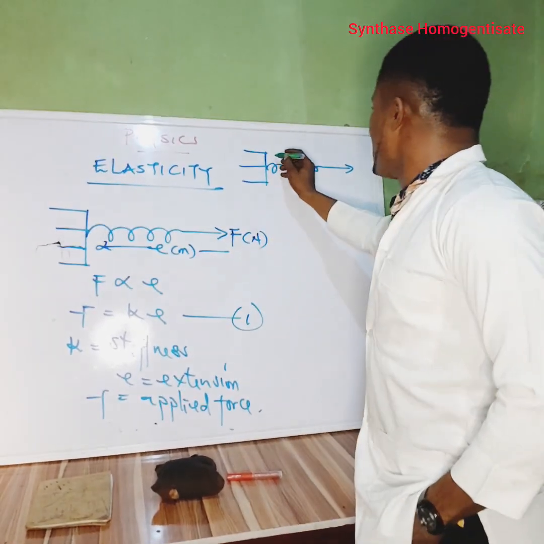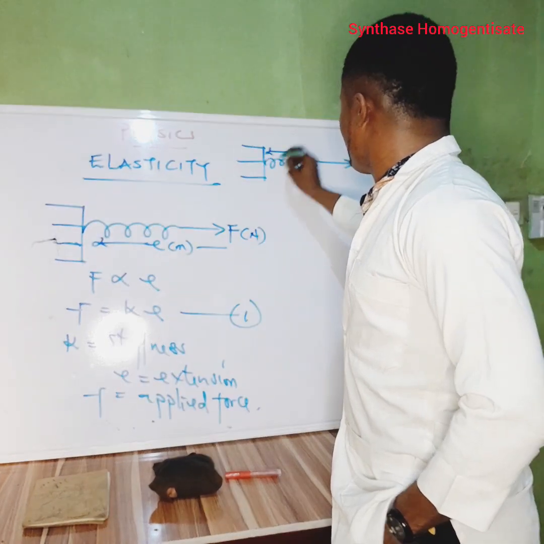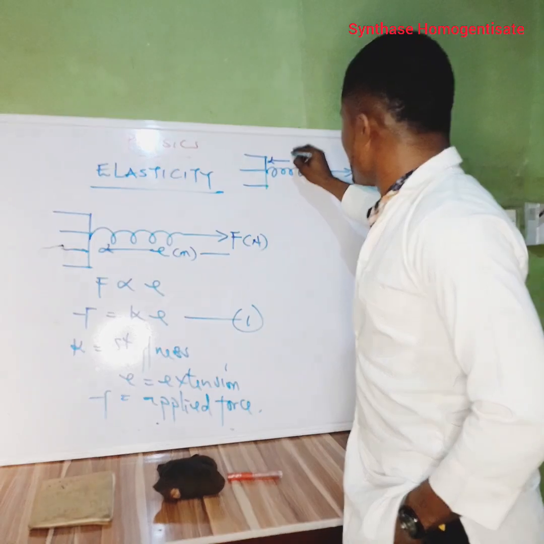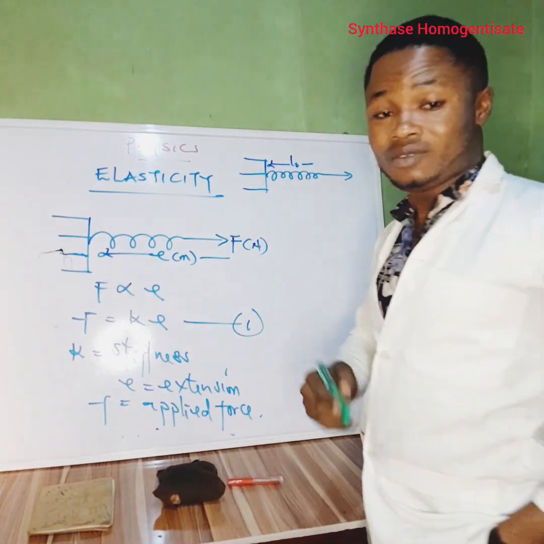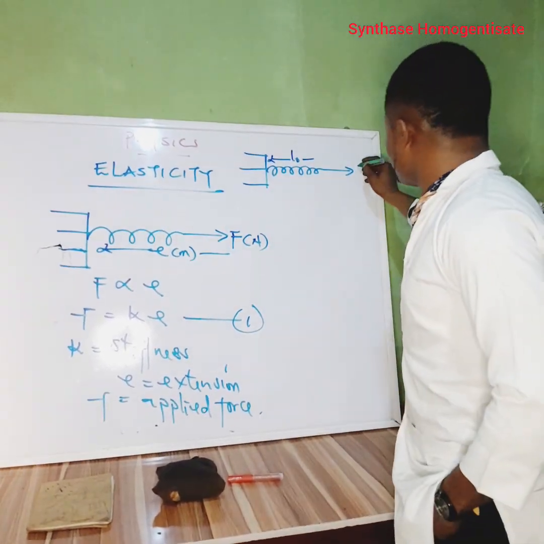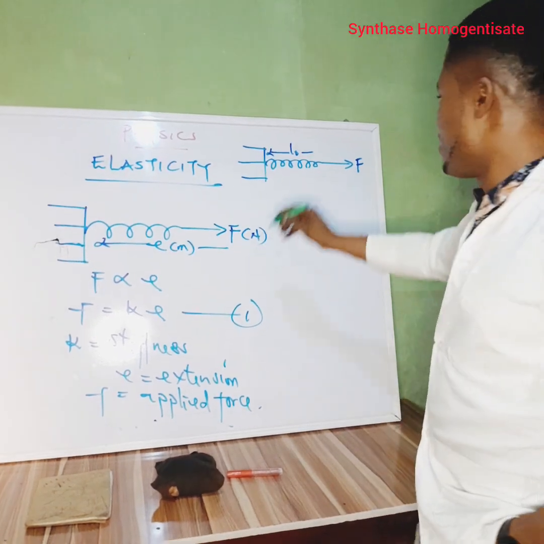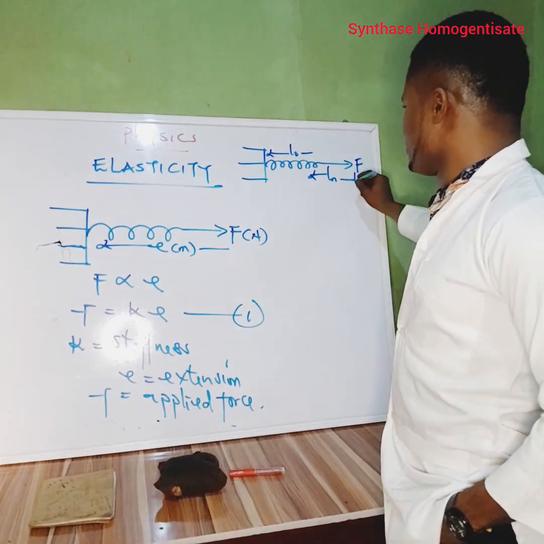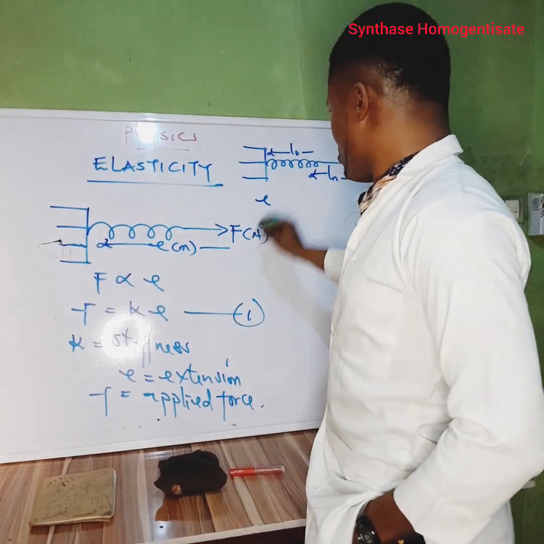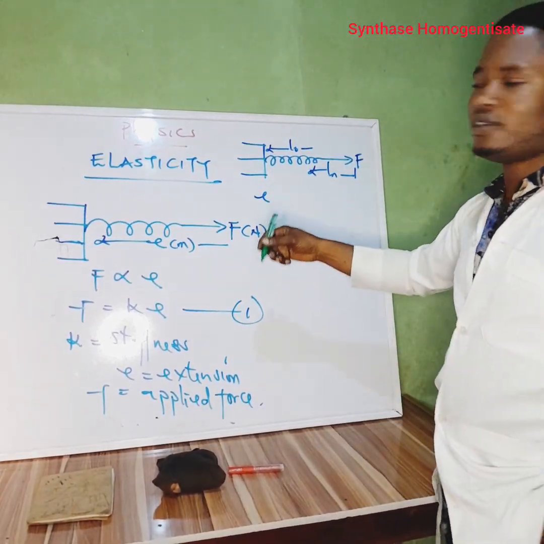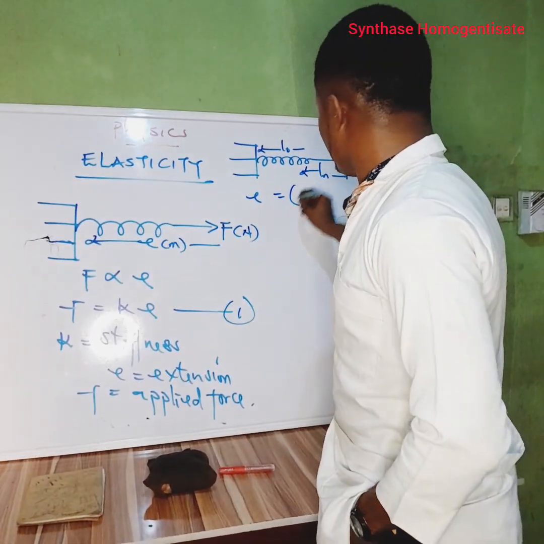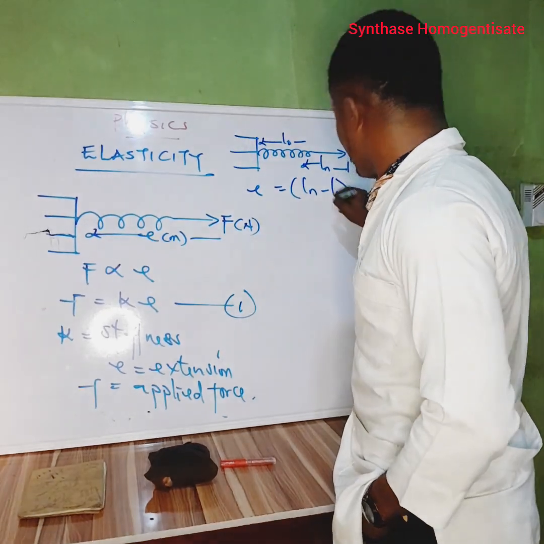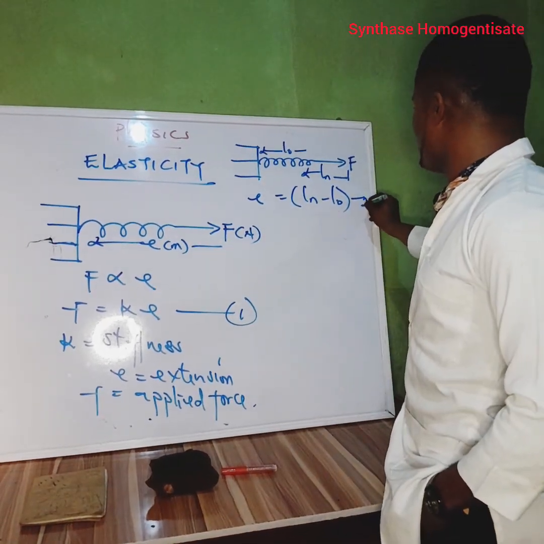Naturally, the original length of this material that is sustained on the fixed point is Lo when force has not been impressed. But if we apply a small unit of force here, we are going to develop a new length of that material. So the extension produced by this force is the difference between the new length and the original length. So let us suppose this is equation 2.